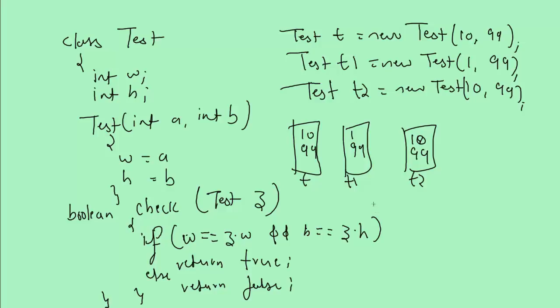So this is okay. Now when I say SOP of T dot check of T1, guess what would be the output? The output would be false. The reason is, see, I am invoking this check method on which object?